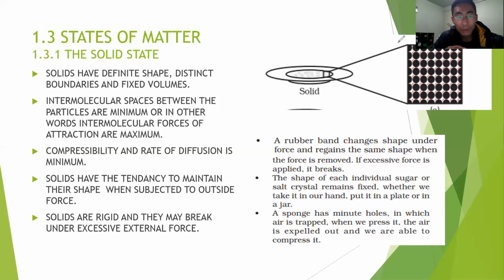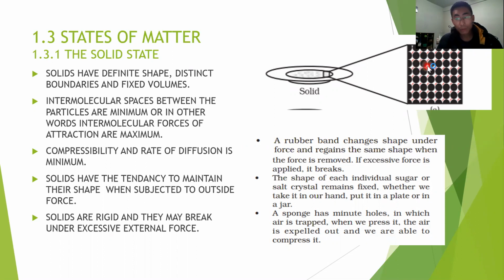Then the next one is intermolecular spaces between the particles are minimum, or in other words, intermolecular forces of attraction are maximum. Now here, if you consider the picture, we learned that particles of matter have spaces in between them.